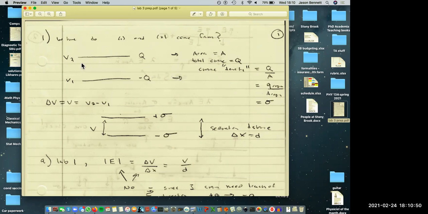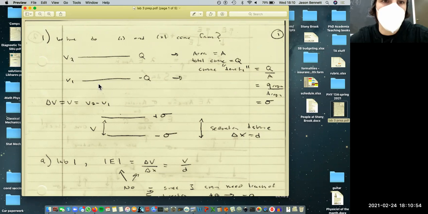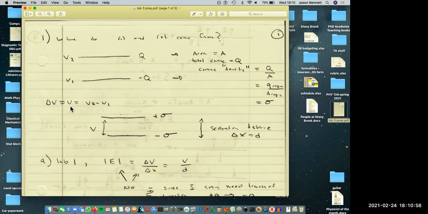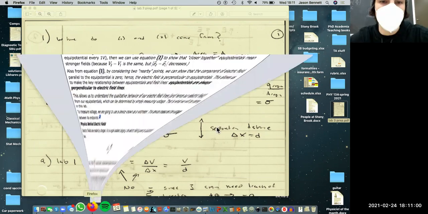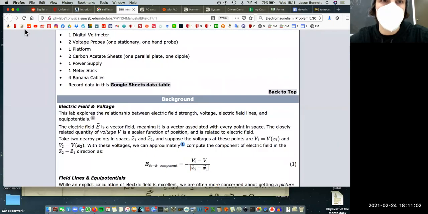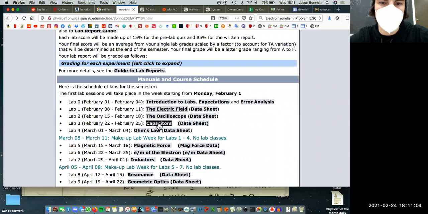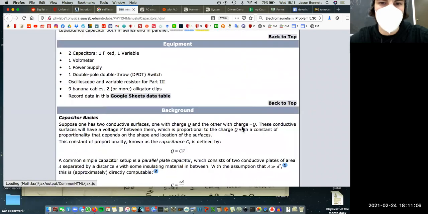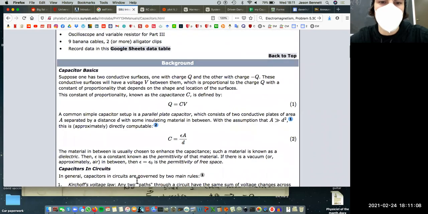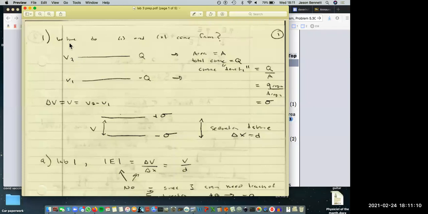So we have two voltage quantities. This is kind of like our high voltage and our low voltage from lab 1. All these definitions are just to match up with the lab manual. This V is the difference between the parallel plates that we have from lab 1.